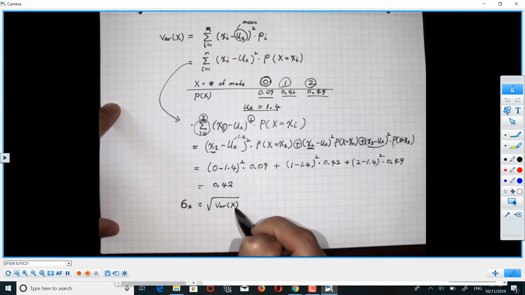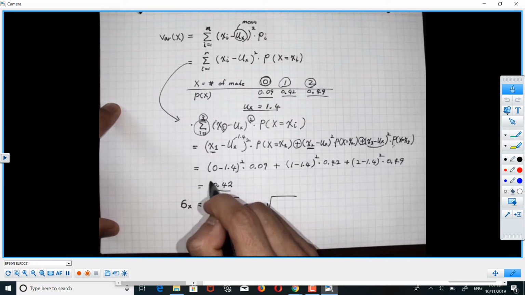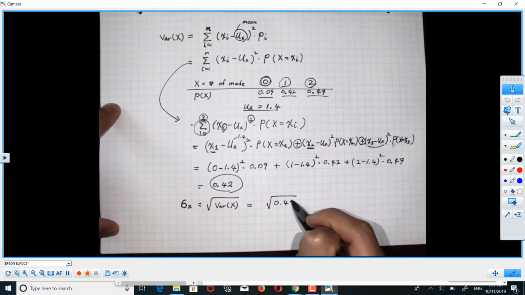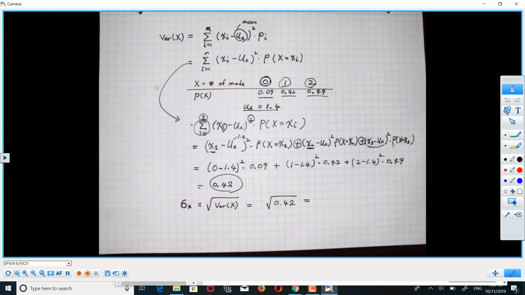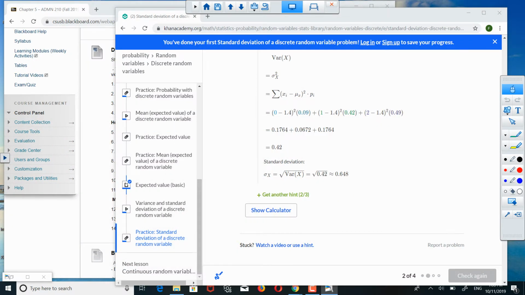So that's the formula. We have 0.42, and if you calculate this, the answer is roughly 0.648. So that's the answer.